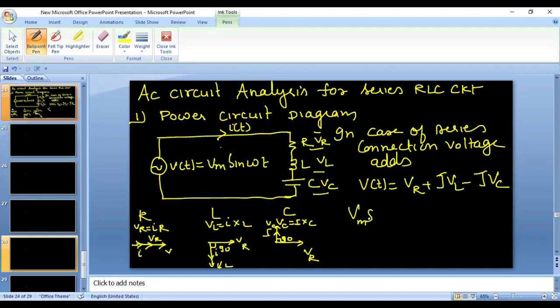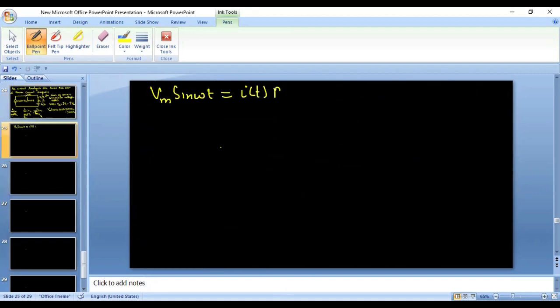Now, after putting in the value of Vt, that is Vm sine omega t, VR I can write as IT into R, jVL as IT into XL, and minus jVC as IT into XC. That is IT into R plus j IT into XL minus j IT into XC.